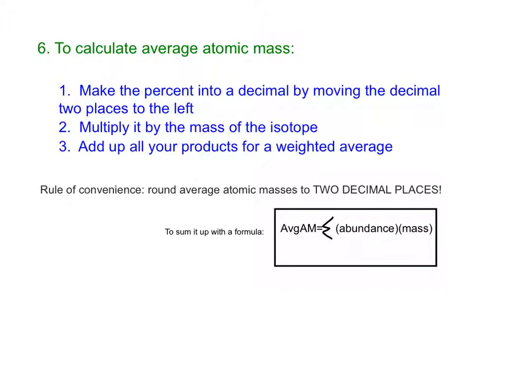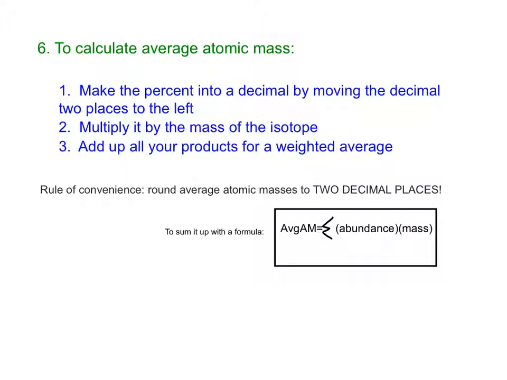A weighted average is a process or method where we say one of those numbers is more important than the others. For atoms, we base that off of abundance. Like I said earlier, the more prominent, the more often it occurs in nature, the more it gets added together into the average. Again, jumping back to carbon-12.